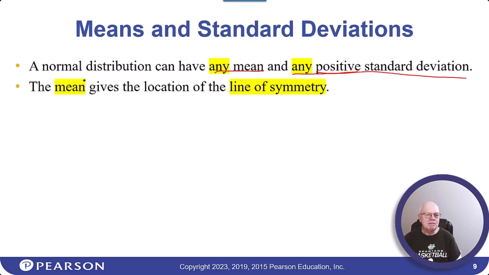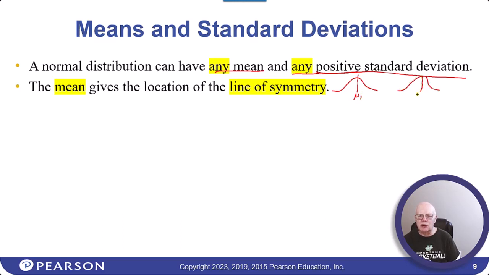The mean, the first one, will tell you the location of the line of symmetry. In other words, I'm going to give you some chicken scratching here. You might have this normal distribution. The mean, remember, is right in the center for this first normal distribution. And you might have another one further to the right.